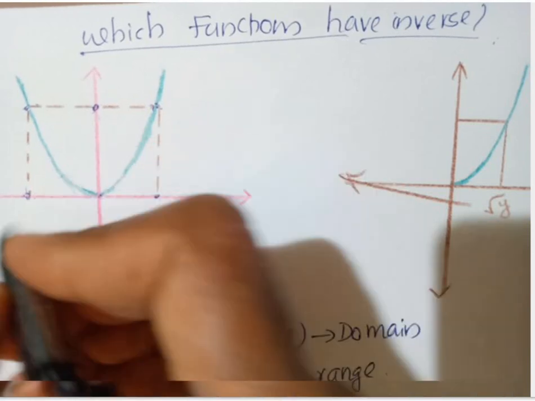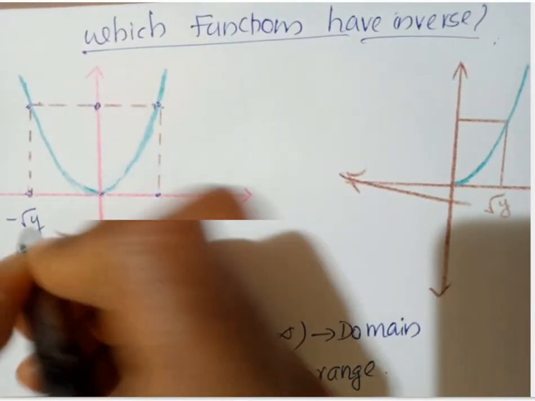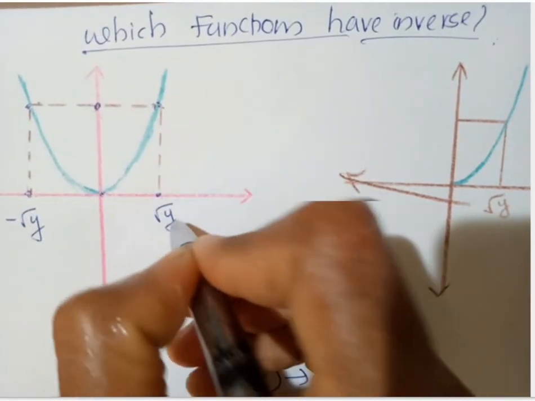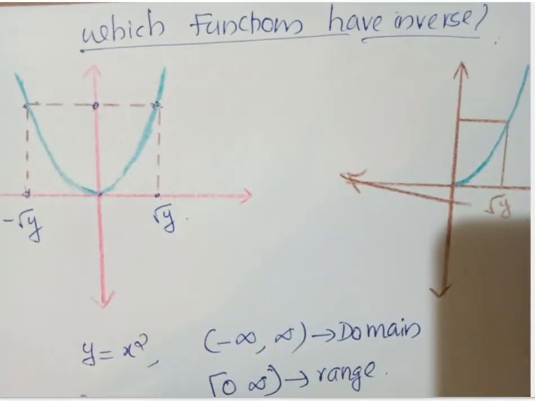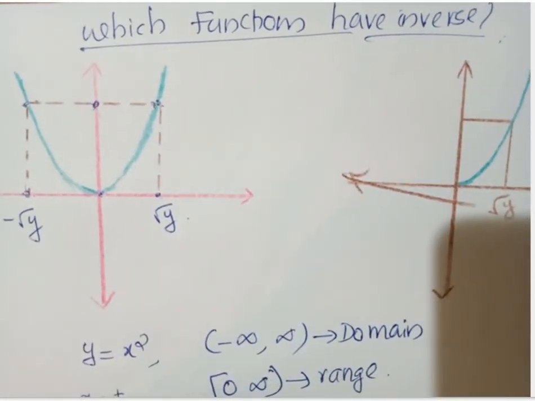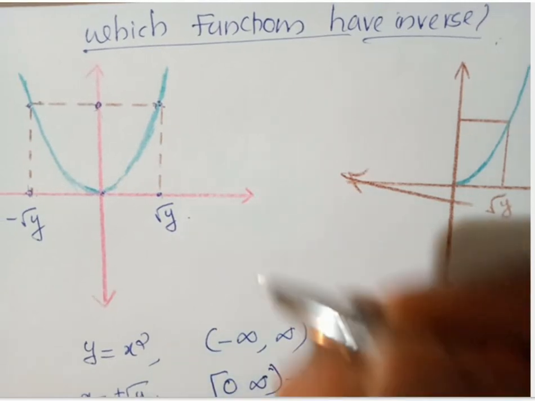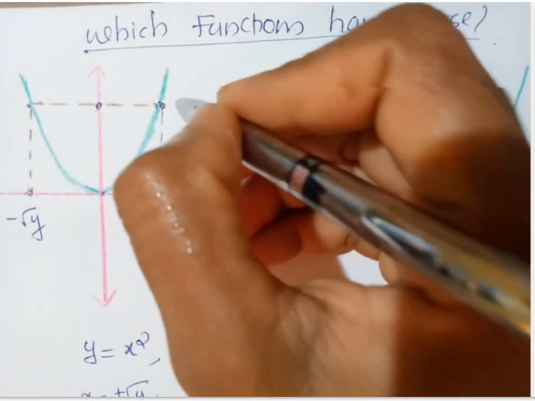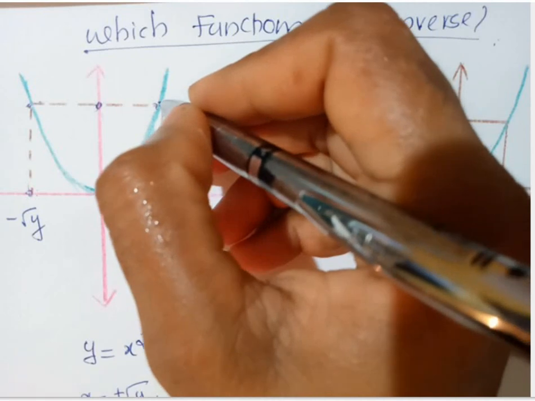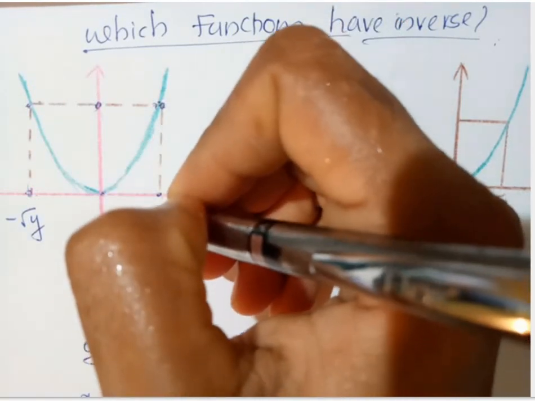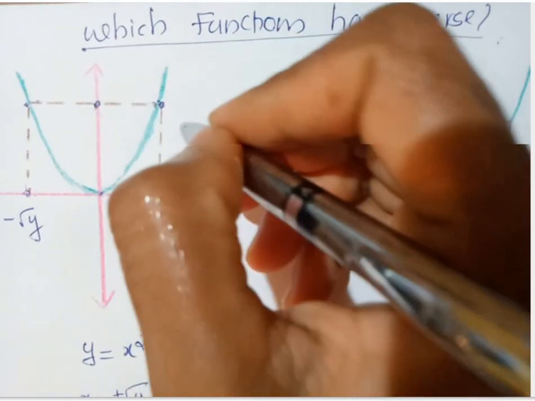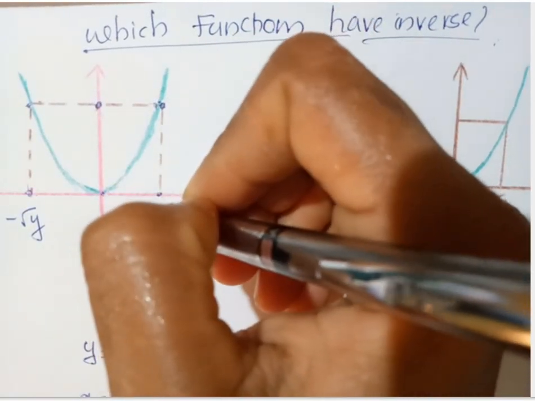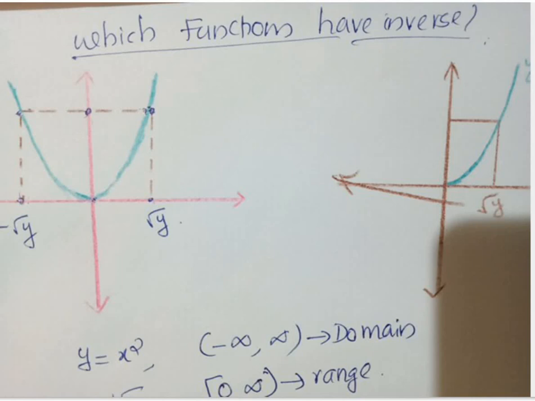So this is a point minus root y, and this is a point root y. Since y equal to x squared, if this is a point y, then the x coordinate will be one is plus root y and the other is minus root y.